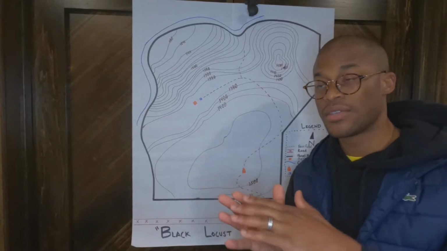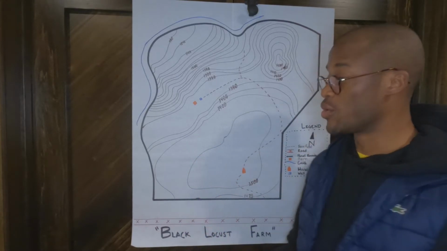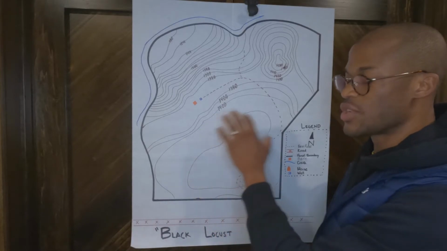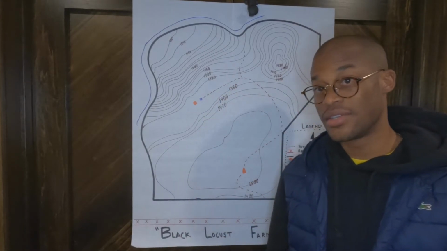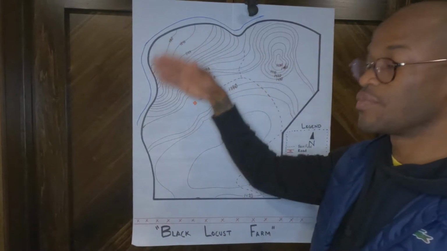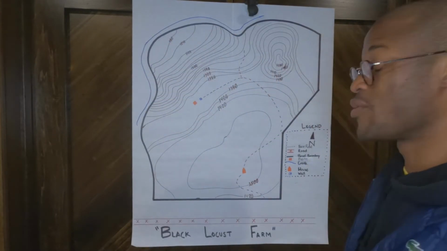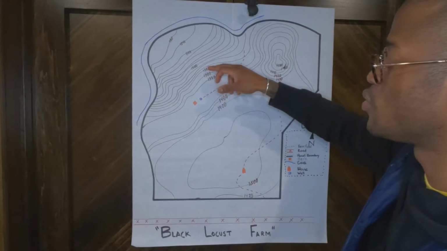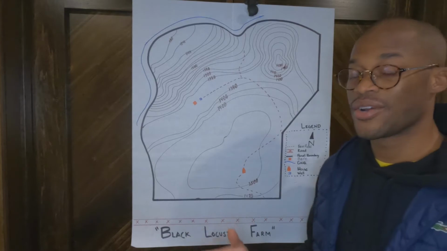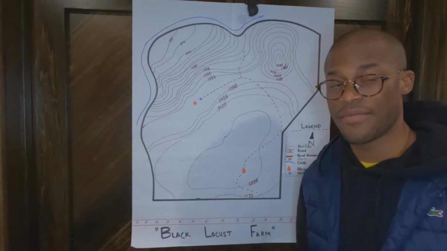So thin space, more steep in relationship to other lines, and thick spaces mean less steep relative to other lines. And the reason why I say relative is because not all spaces between thick or thin lines are universal on all topographical maps.